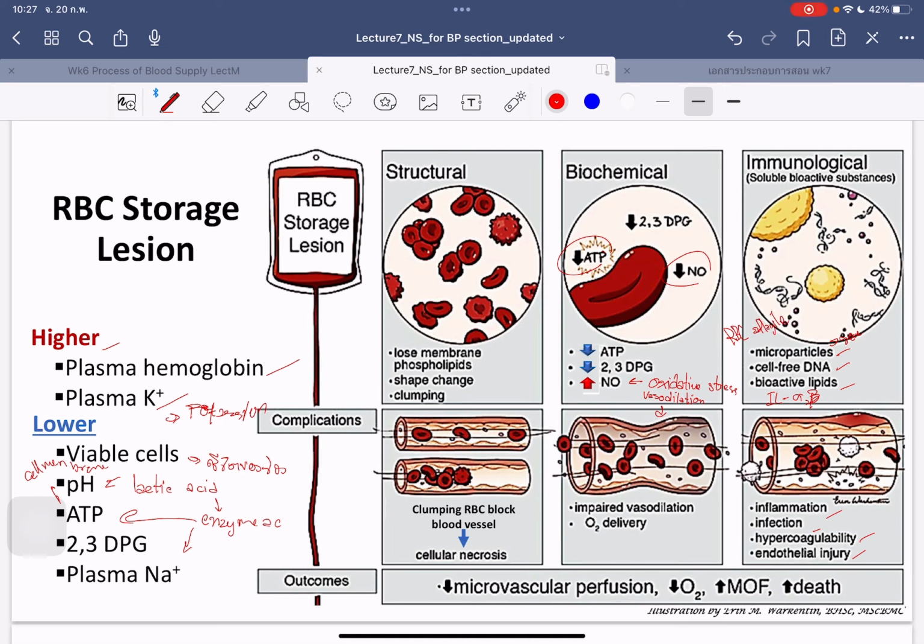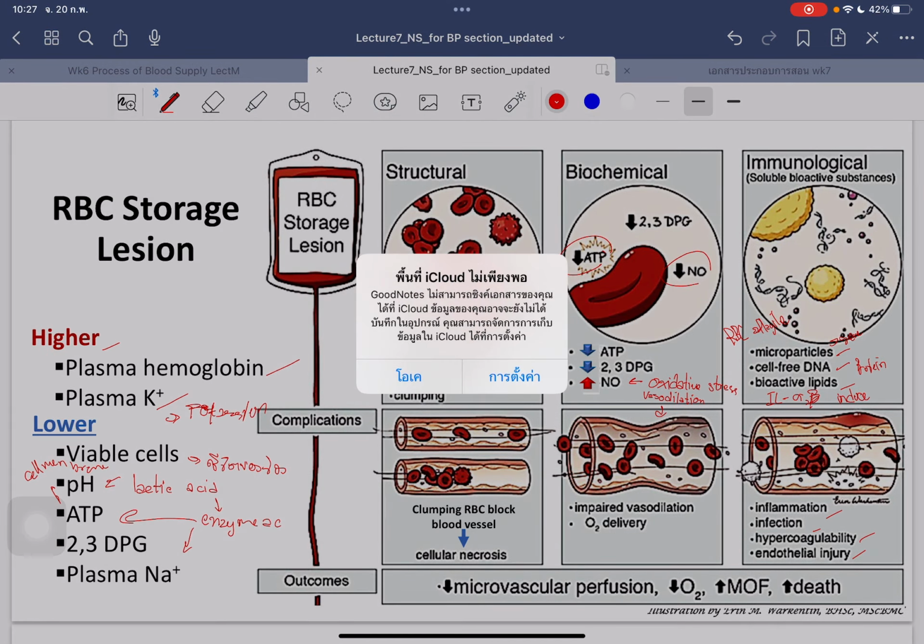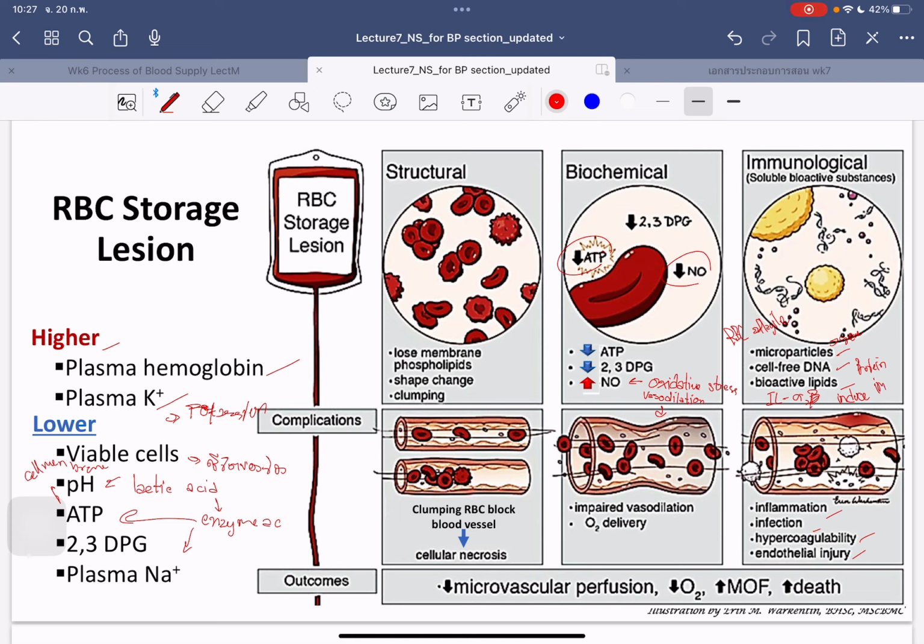Inside that microparticle it can be anything, DNA, protein, and when you receive this microparticle, it can induce an immune response, such as if it contains a virus. If you transfuse it to the patient, they will respond to the virus as well. And if you have a lot of microparticles, they can stay in your blood vessels like a red blood cell and activate the immune response all the time.